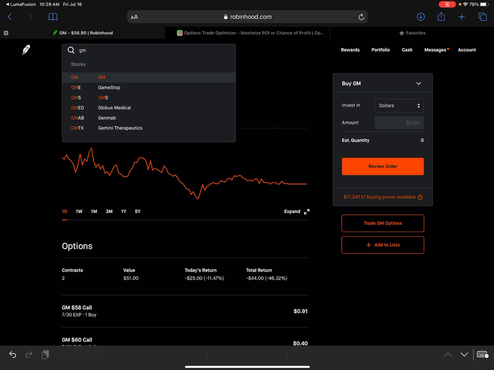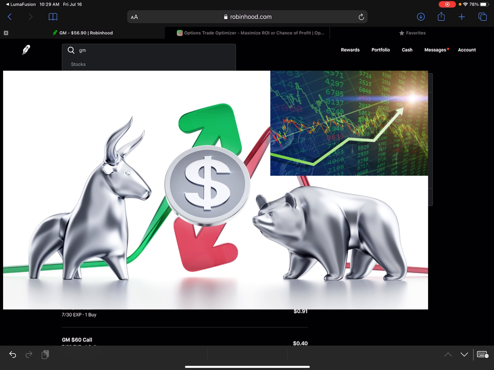But just for the sake of those who are just starting out, or those who may not have a lot of experience with trading options, personally, I believe that trading bullish stocks is just simpler than bearish stocks.